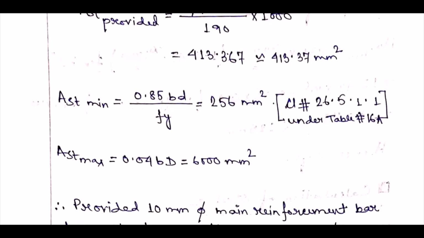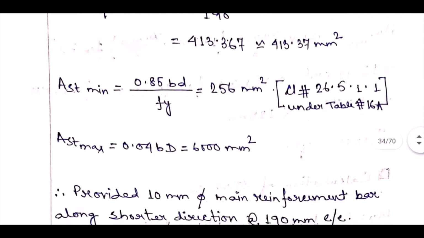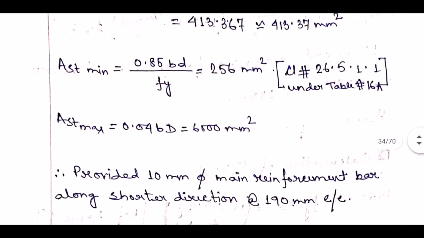So the value of AST provided lies between this minimum and maximum, so hence this is okay. So we can provide 10 mm main reinforcement bar along shorter direction at the rate of 190 mm center to center. But let's check once the clause number 26.5.1.1 condition.